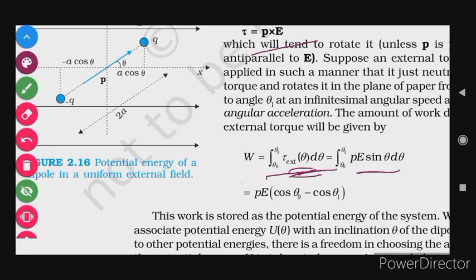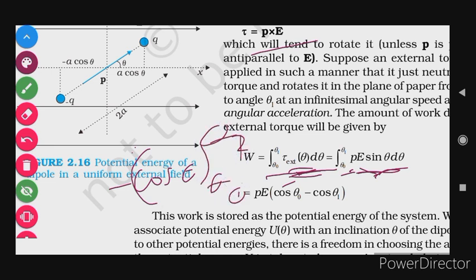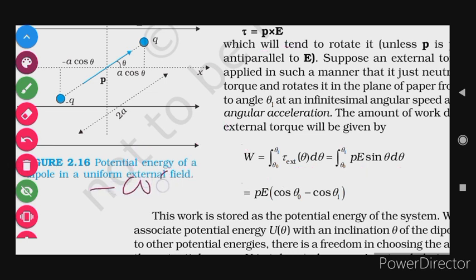P is a constant, the dipole moment is constant, and the electric field is uniform, so we take these out of the integration and integrate sine theta, whose integral is minus cos theta. Putting in the limits, we get minus cos theta 1 plus cos theta naught, and we can rearrange and write it like this.